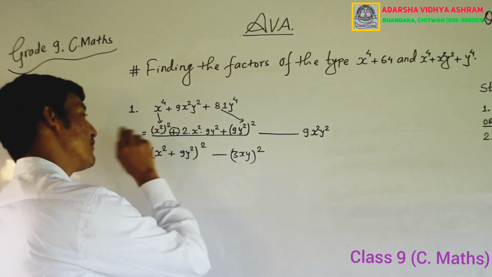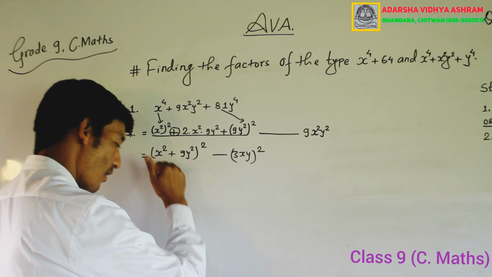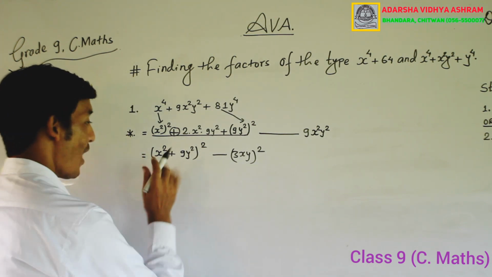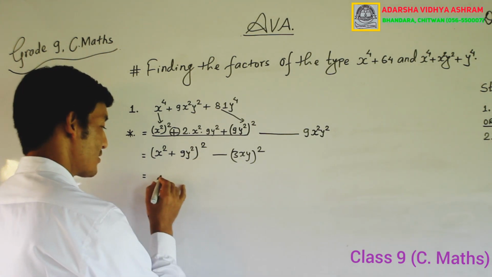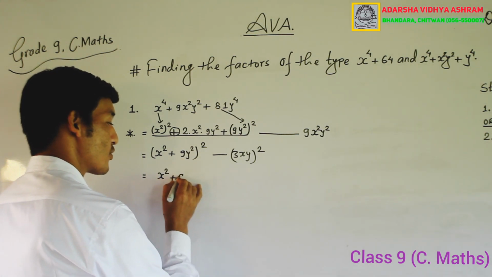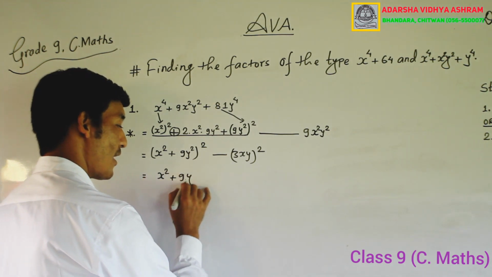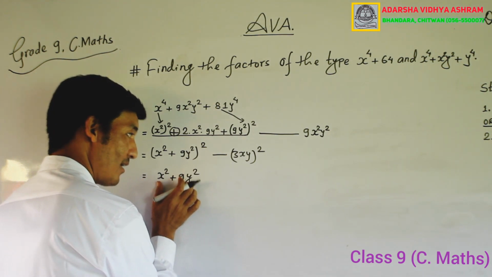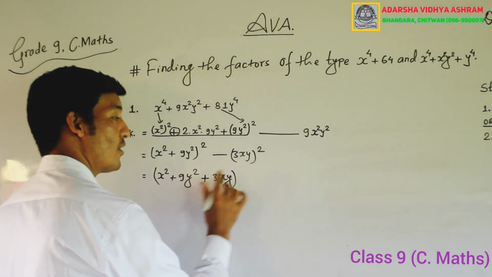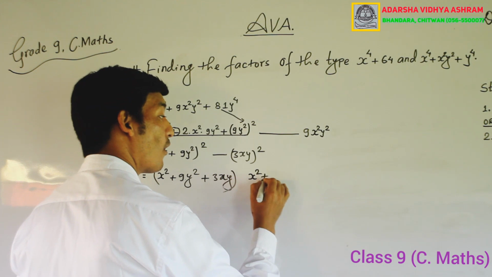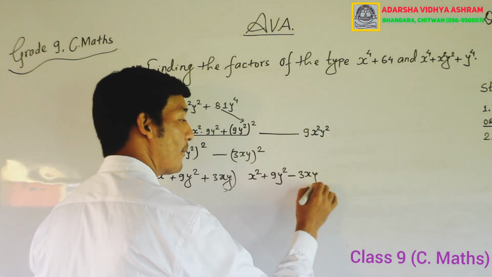Our important thing is belonging in step number 1. If you try to understand step number 1, hopefully you will understand the other steps as well. So after this, everyone can say this is one time plus, another time minus. So x square plus 9y square, this is a, plus this is 3xy as b, a plus b now, and x square plus 9y square, no change, and minus 3xy.